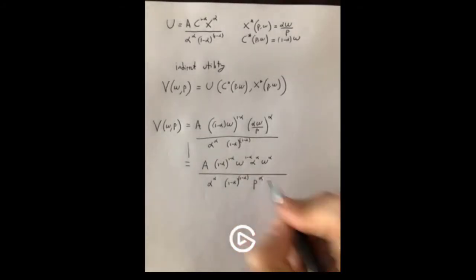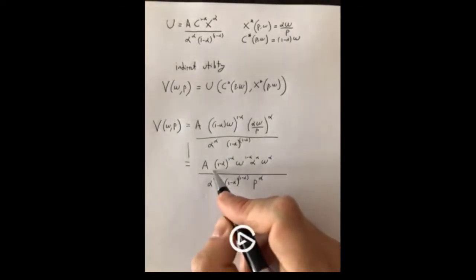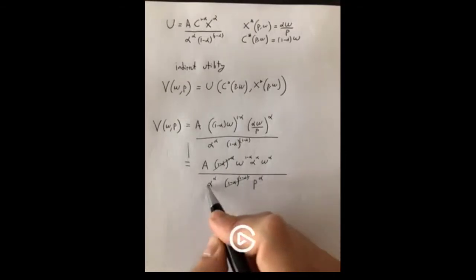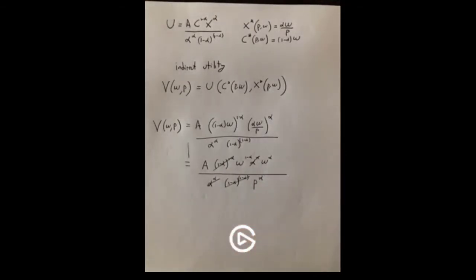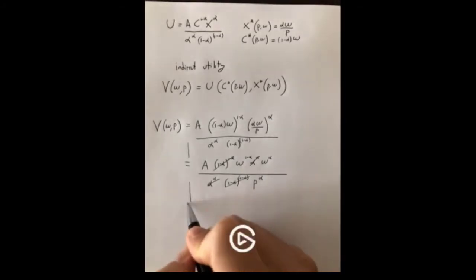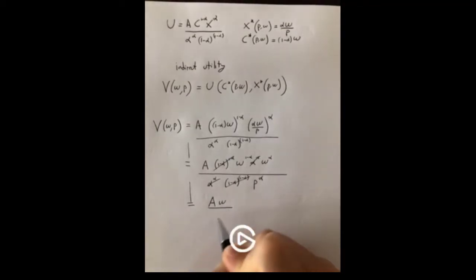As you can see here, a lot of things can be simplified, especially these alphas and 1 minus alphas, right? And eventually this can be rewritten as A times W divided by p with exponent alpha.